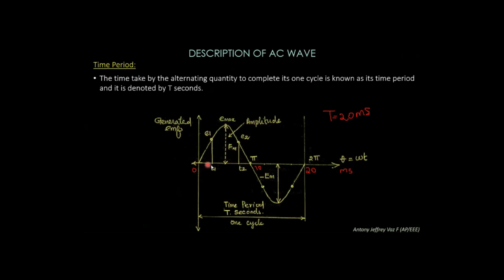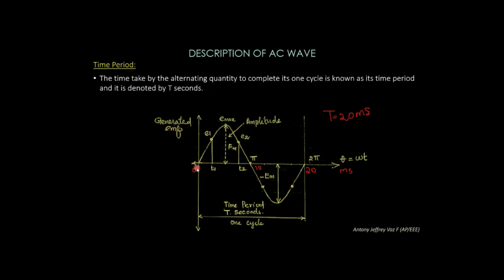Here, when you see this figure, the waveform starts at 0, and at this point pi, which is equal to 180 degree, the time is 10 milliseconds, and again at the end when theta is 2 pi, that is 360 degree, time is equal to 20 milliseconds.